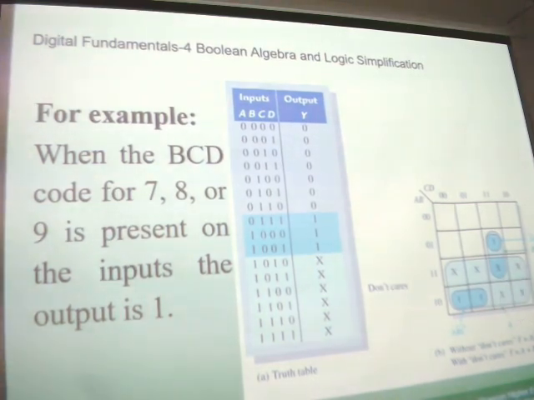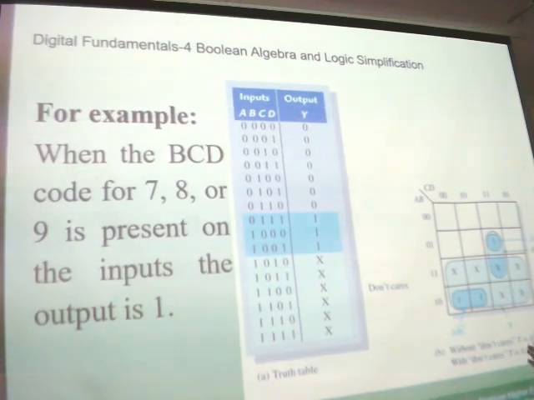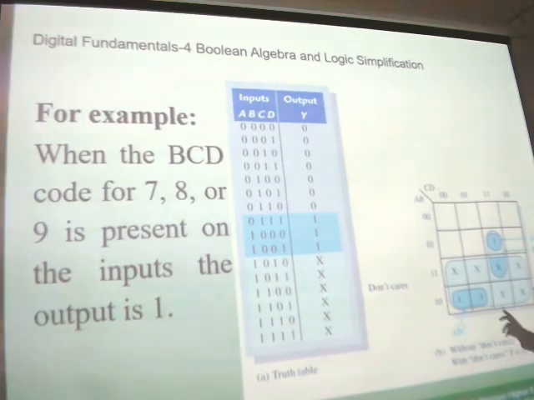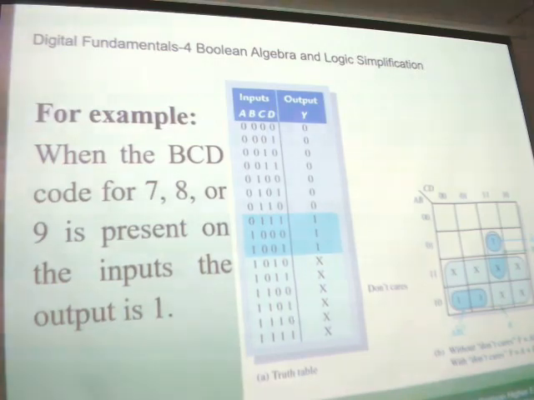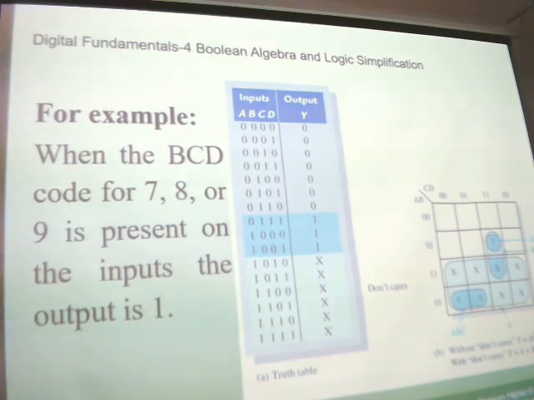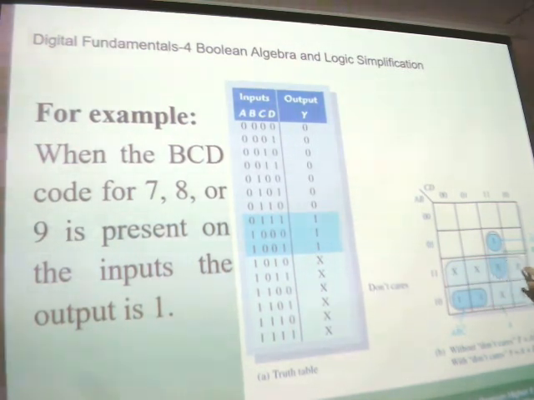Then we must group the ones. Because X can be regarded as 1 or 0, we can divide the 8 cells into one group, because the 8-cell product term is the simplest form.